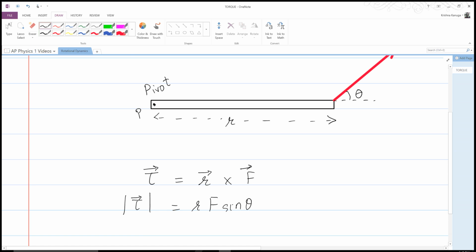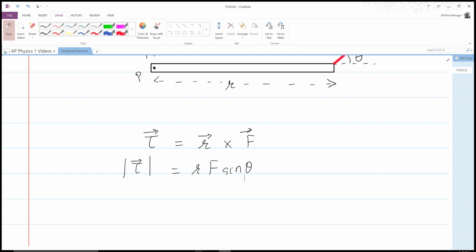The cross product also gives us the direction of the torque.